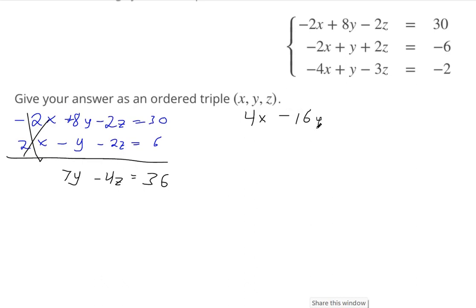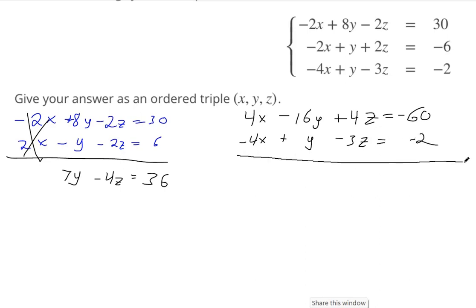Multiplying everything by -2 in the top equation, and then I'm copying the bottom equation. We don't want to do the same pairing of equations twice. Okay, so if I add them together, the x's cancel out again.